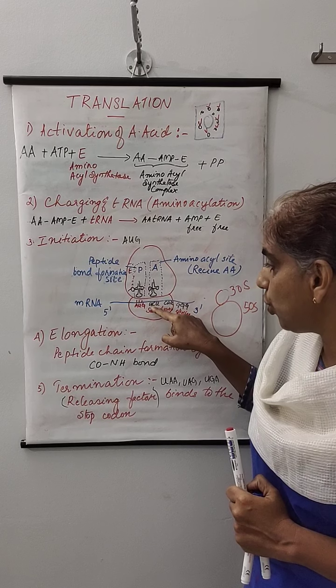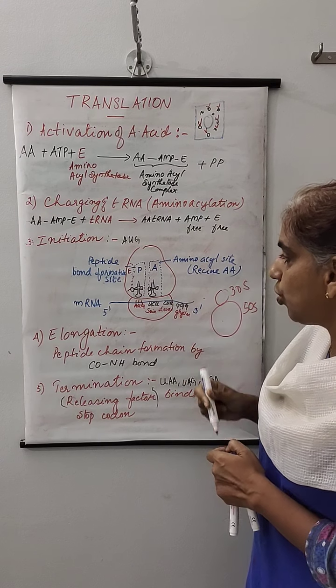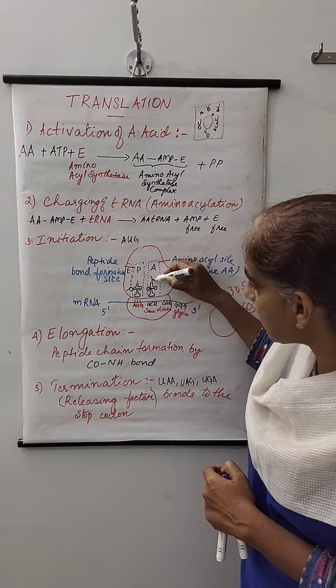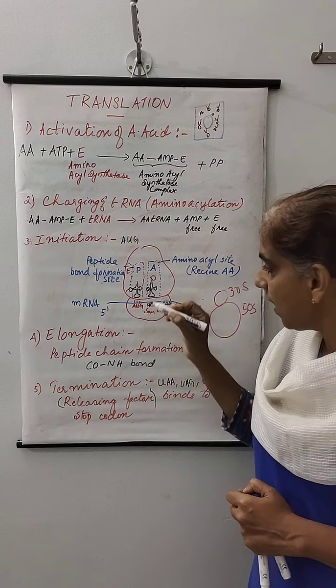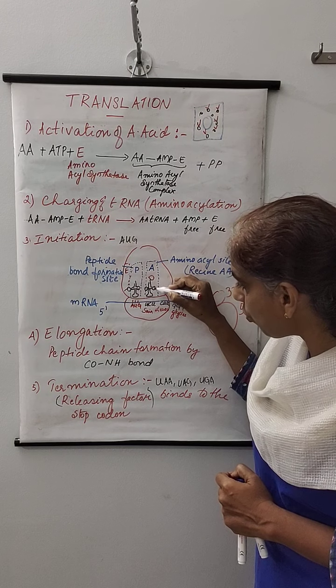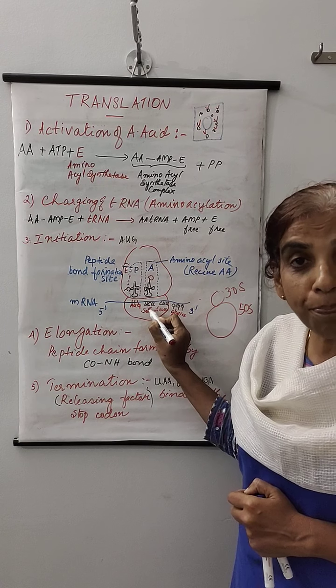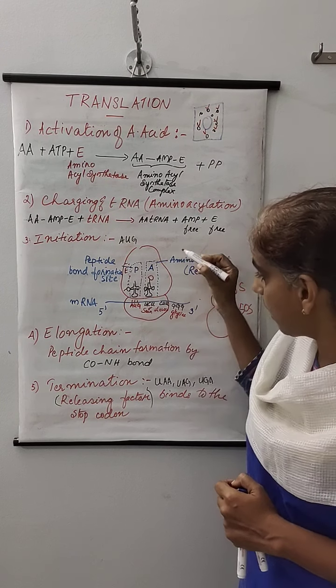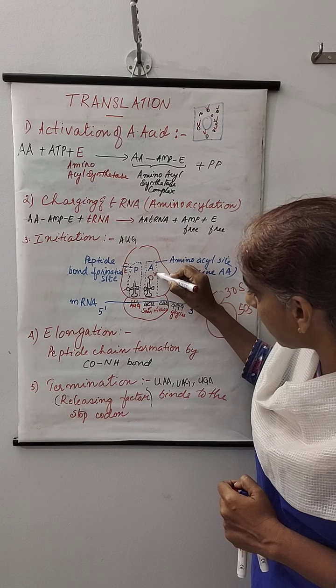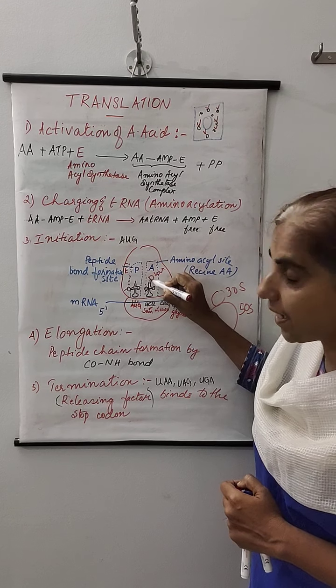We can see UCU, serine. So serine is the amino acid coming here. This serine-carrying transfer RNA will be read by the triplet codon of the messenger RNA. Suppose this is the serine. So serine comes at this site.